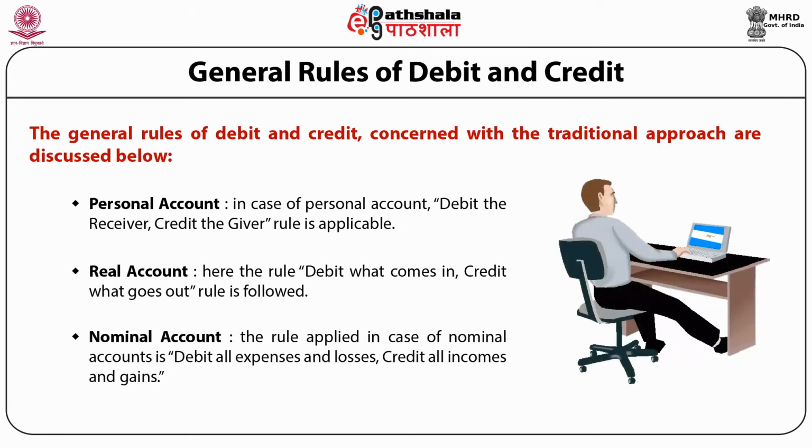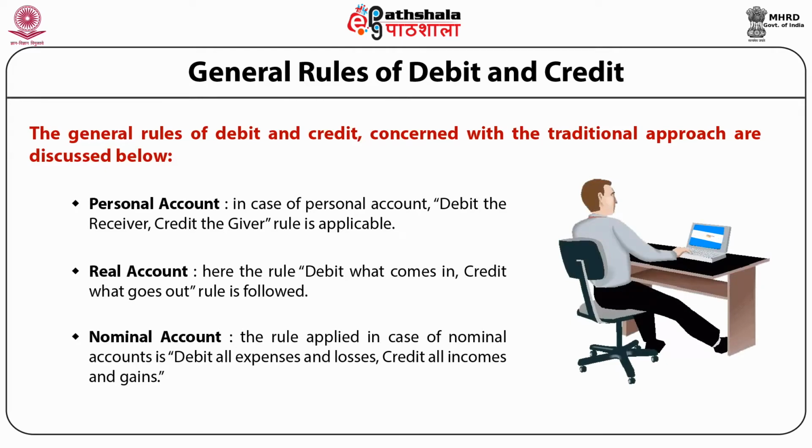Now transaction number 3: received cash from Rajesh, rupees 30,000. Analysis: the two accounts involved are the cash account and the Rajesh account. The nature of the cash account is real, whereas the nature of the Rajesh account is personal.